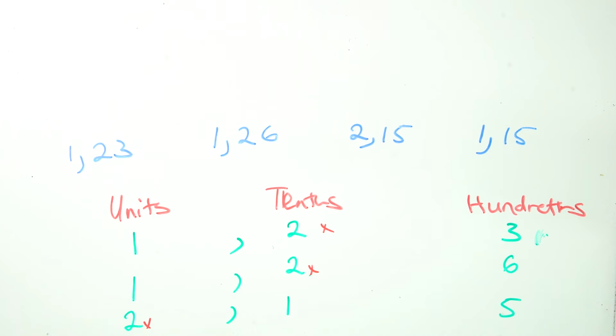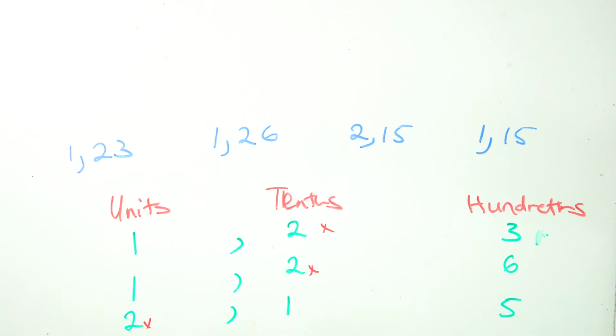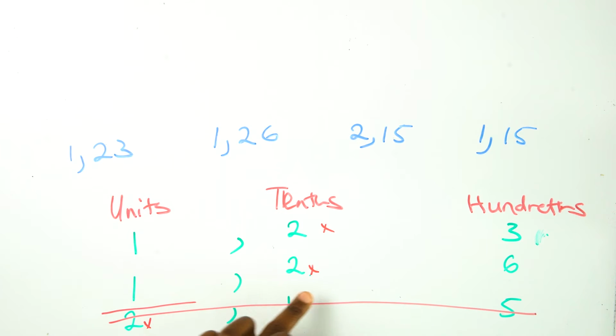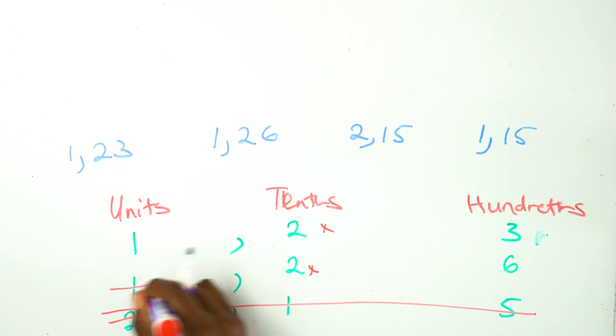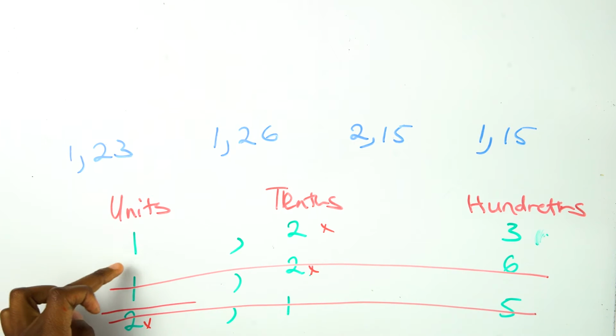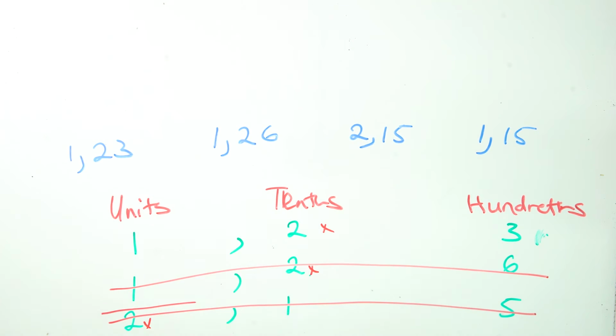So which one is the smallest amongst the 4 numbers? You start by 2,15. Since we said the 2 is not the smallest, we erase it here. And then 1,26 is not because of the tens, so erase here. And then 1,23 is not.